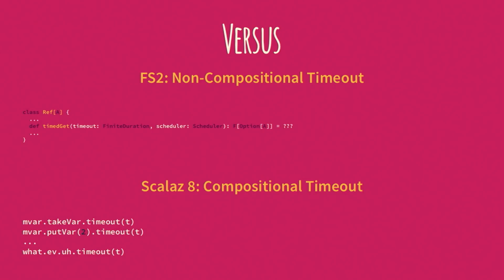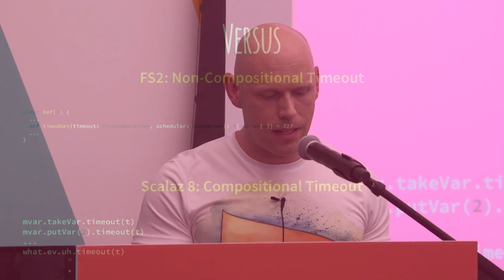And this is nowhere more apparent than in this timed get method, which is inside Ref. So Ref is FS2's implementation of MVar, and it has a timed get. Why does it have a timed get? Well, it has a timed get because you can't layer in timing out with the act of getting, given this definition of an effect monad.